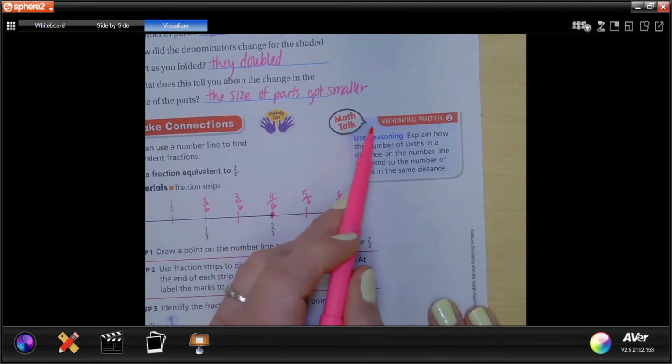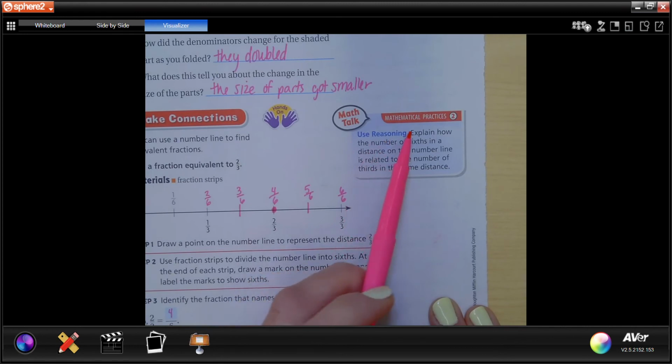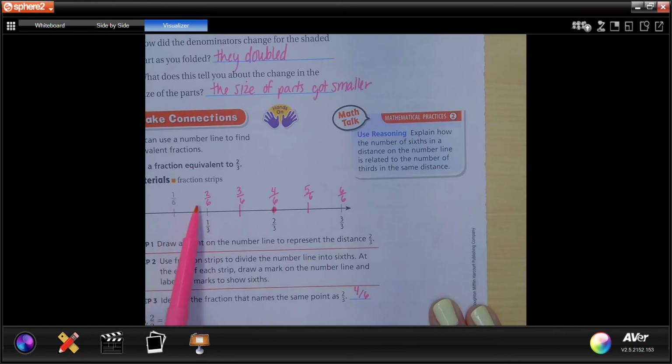Math talk, mathematical practices. Use reasoning. Explain how the number of sixths in a distance on the number line is related to the number of thirds in the same distance. Well, if we look here, for each of our thirds, there are 2/6. This third, there are 2/6. This third, there are 2/6.